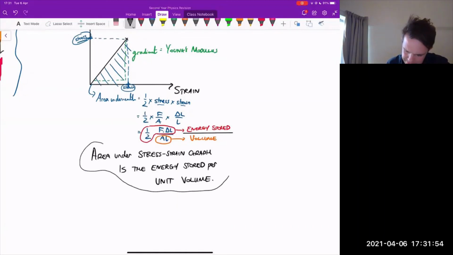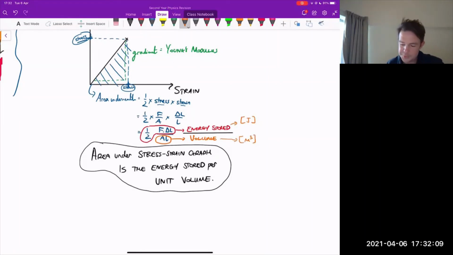Which is, so the unit is actually, if you think about energy stored is joules, volume is meters cubed. So the energy stored would have a unit, joules per meter cubed.